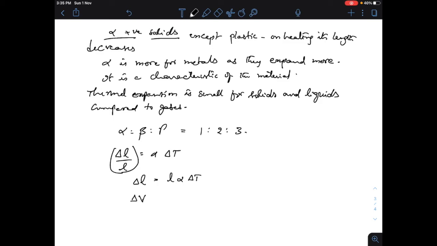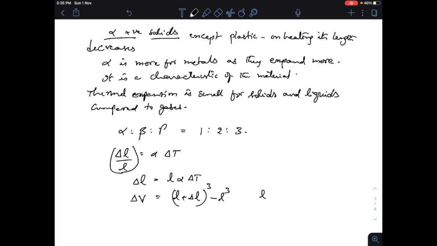So if I write delta V, then I can write L plus delta L whole cube minus L cube, since volume is L cube.